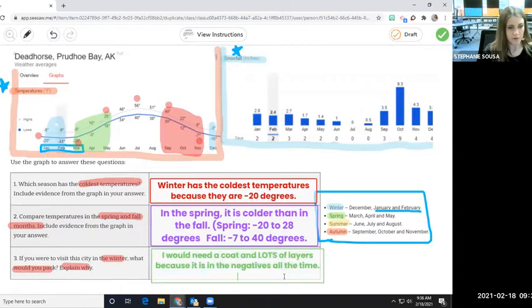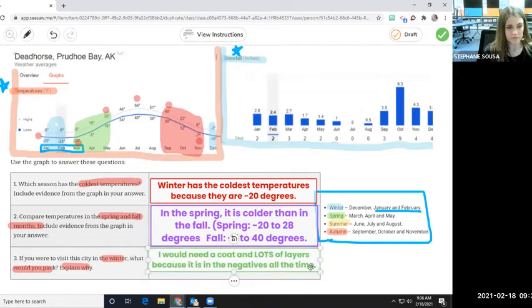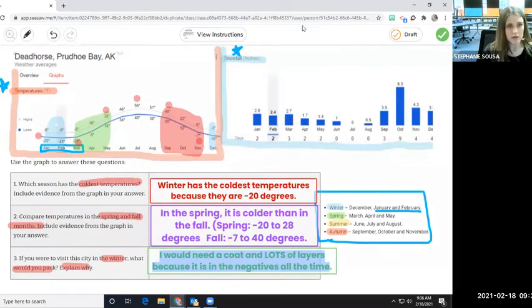Again, I used data from that graph to help me with my answer.